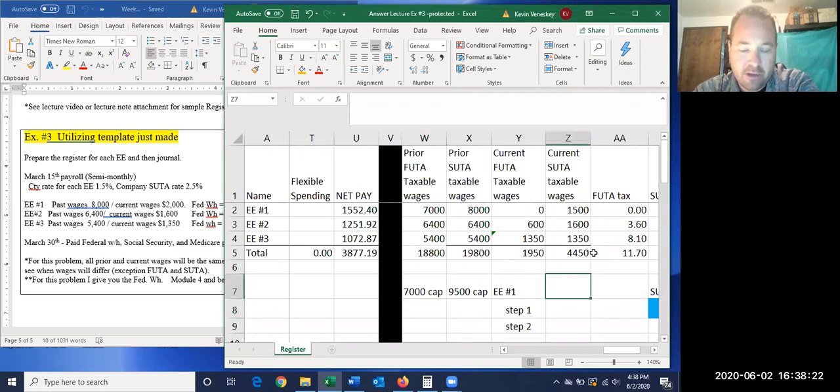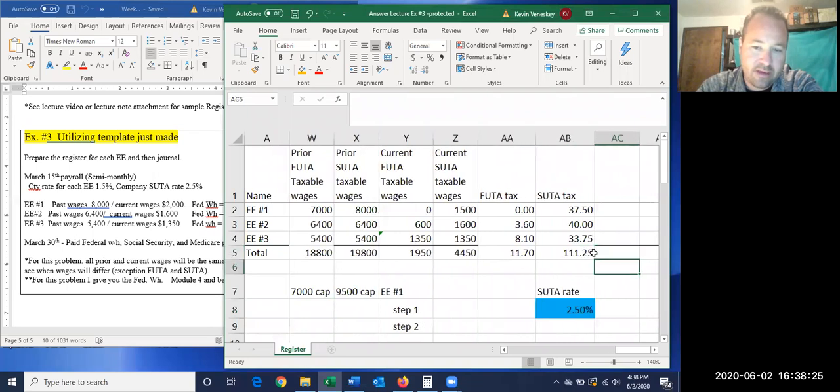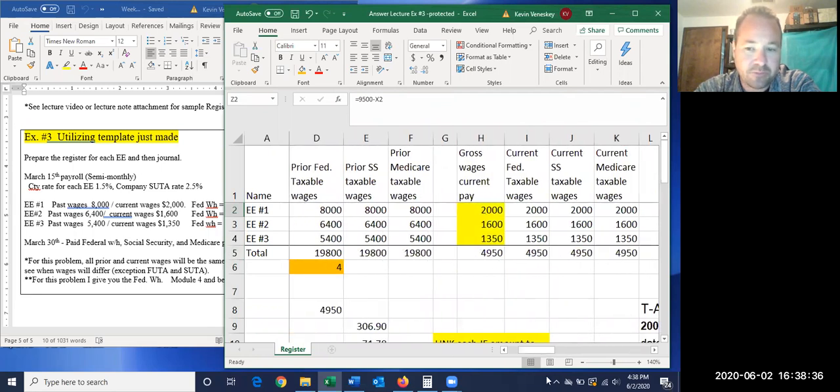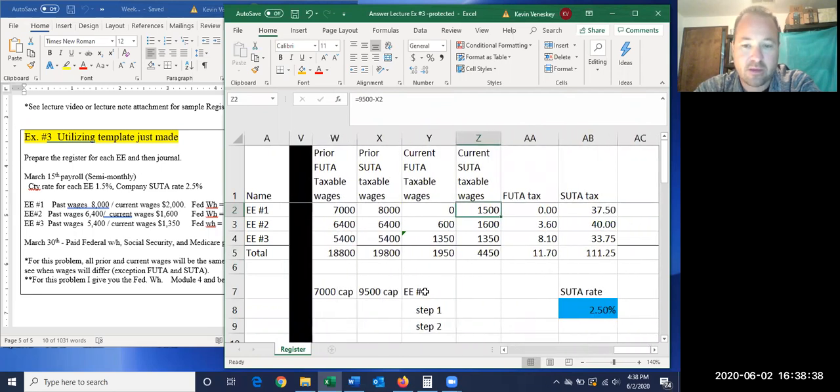I'm not going to do the work that I did for the FUTA piece, but I'm going to show you what I've done. So for this one, our typical answer would have just been 2,000. But if I would have taken 8,000 plus the 2, that's 10. That's over my cap. I have to go to step 2. Step 2 says take 9,500, the cap, and subtract out your prior wages.